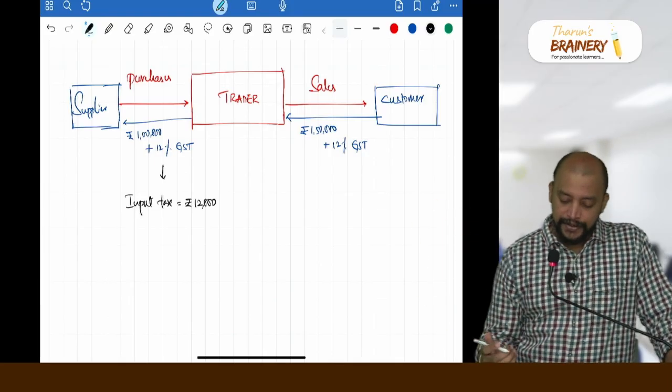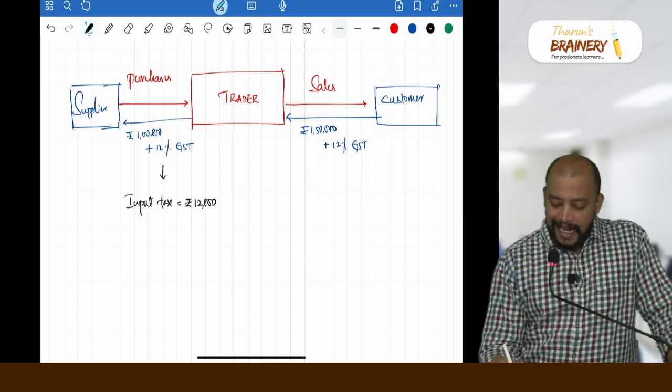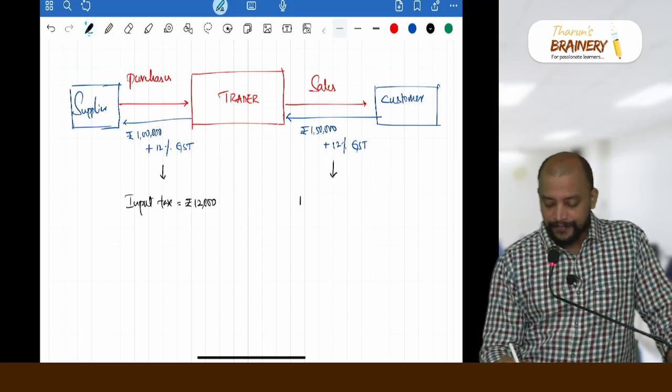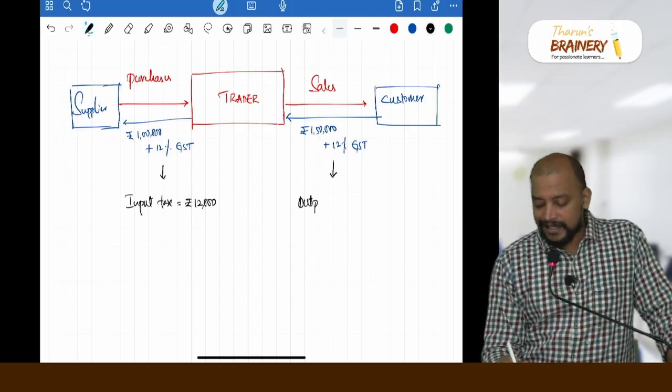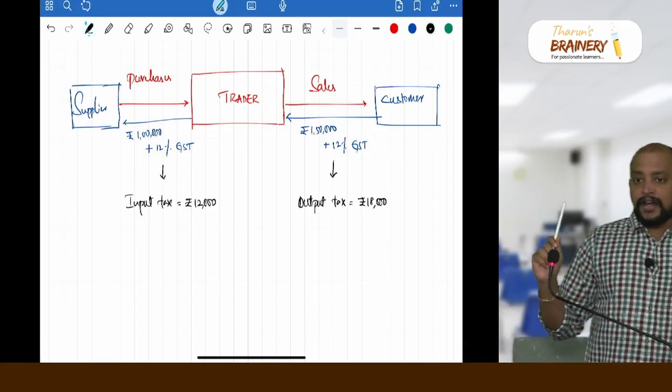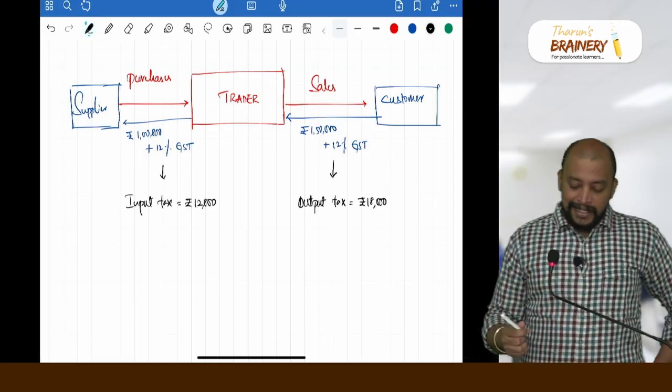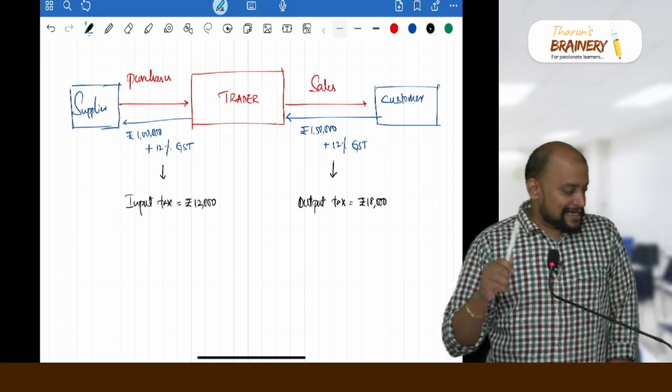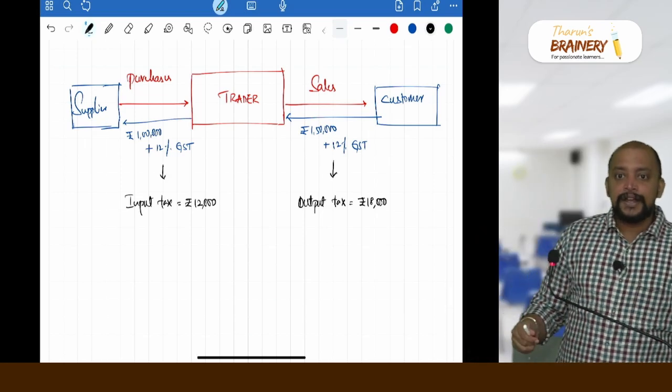Tax on input is 12,000. What is the tax on output? Output tax, that is 18,000. Now, this 12,000 will be set off against this 18,000, correct?